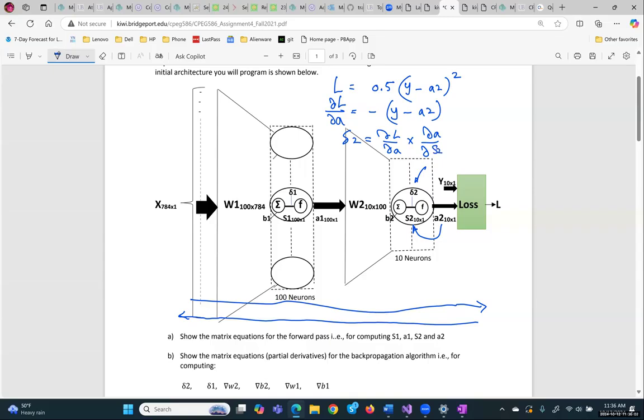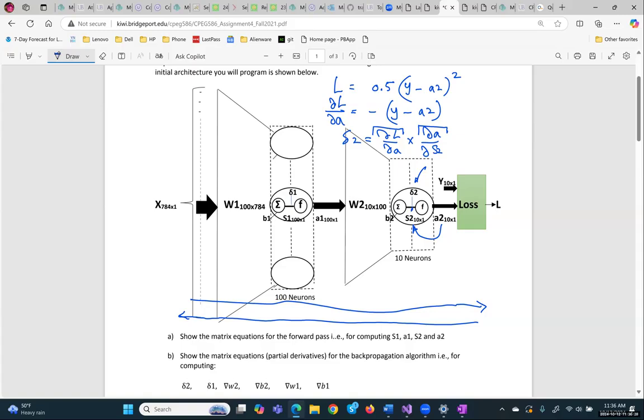The first part we've already computed as minus Y minus A2, as we went through the forward pass. What about this second part? What's the value of this?